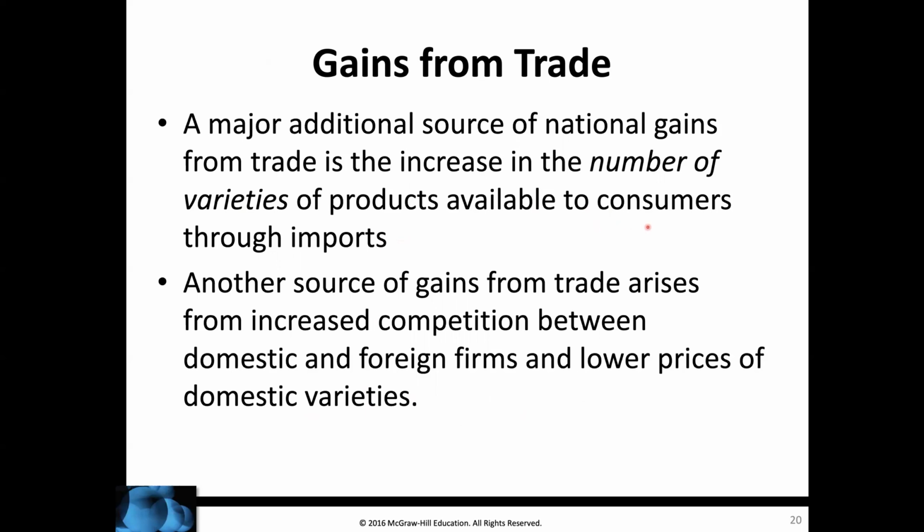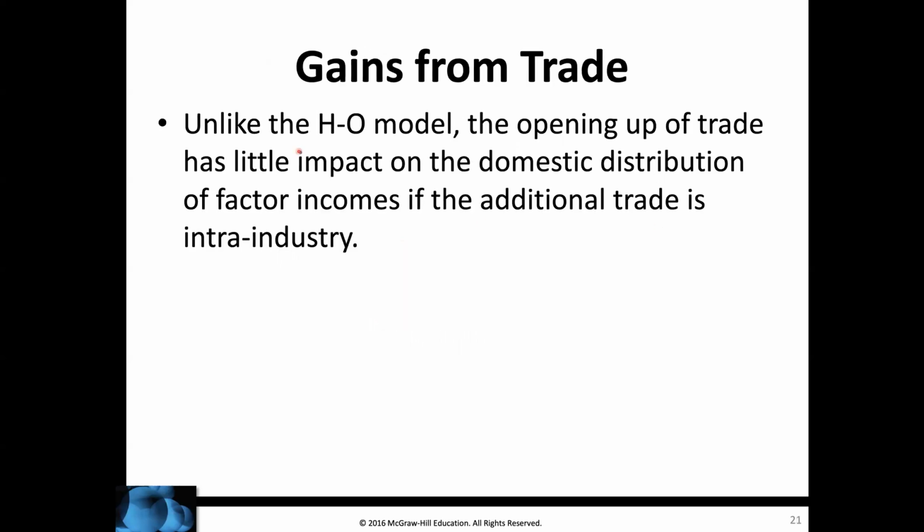So those are the gains from trade. Unlike the HO model, the opening up of trade has little impact on the domestic distribution of factor incomes if the additional trade is intra-industry. So we're not seeing factors move from the car industry to, say, cloth in this scenario. Those factors don't move.